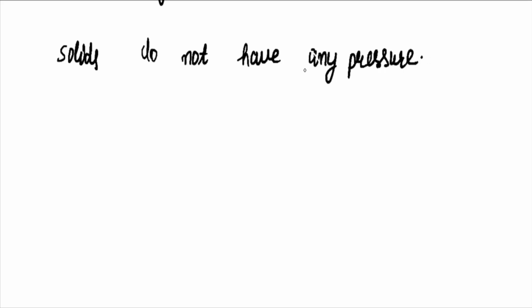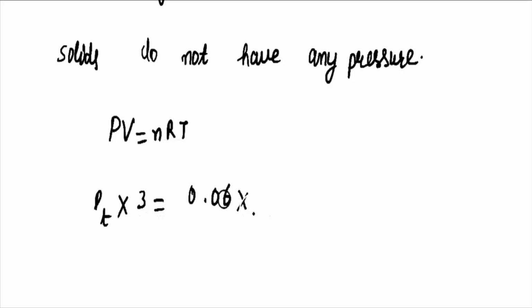Using the total number of moles, we will calculate the total pressure at equilibrium using the ideal gas equation, which is PV equal to nRT. So P total equals: volume is given as 3, number of moles is 0.06, which we already calculated, R is 0.082, and temperature is given as 327 degrees Celsius.